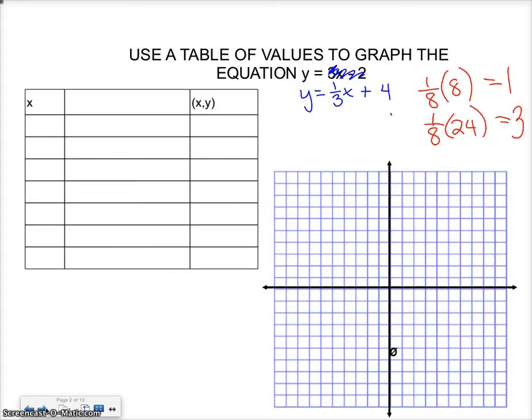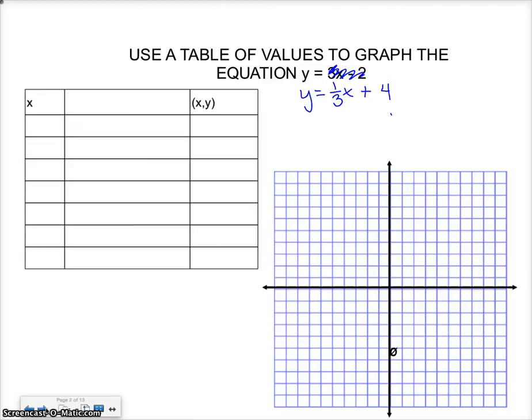Anytime you have a 1 on top, it's just dividing. So if I have a 4, what's a fourth of 8? 2. It's 8 divided by 4. What's a fourth of 16? 4. So what's really happening is you're dividing by the denominator. So anytime you have a fraction, you're dividing by the denominator.